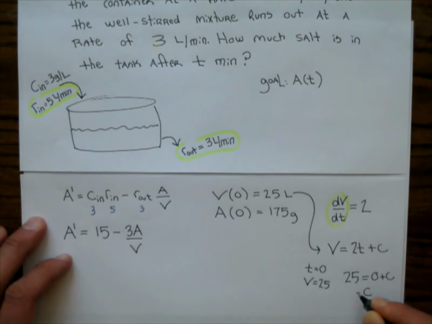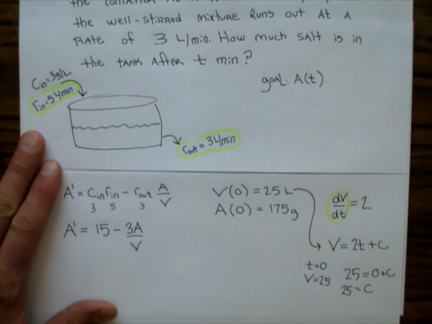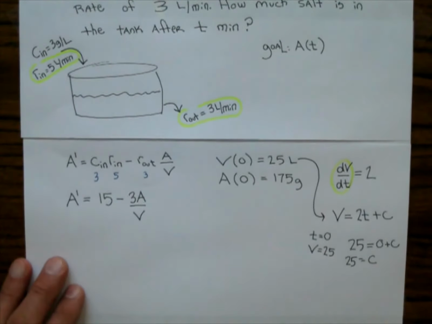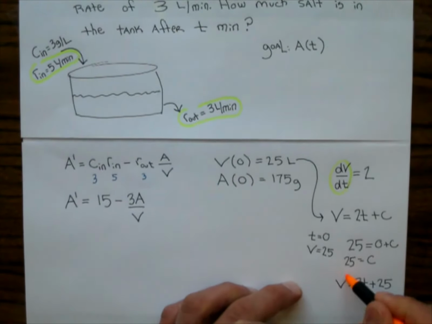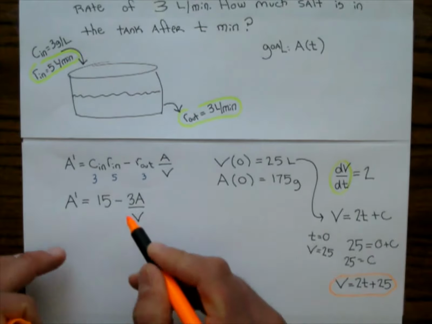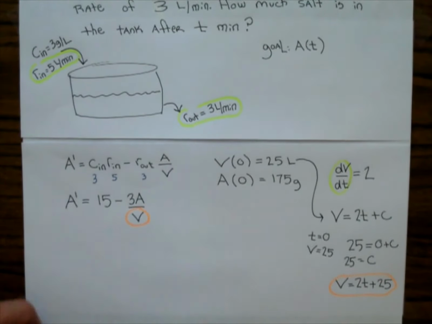So it looks like our value of c here is 25, which means now we know that the volume is 2t plus 25. And so that is what we're going to put right here, and things will look a little better when we do.